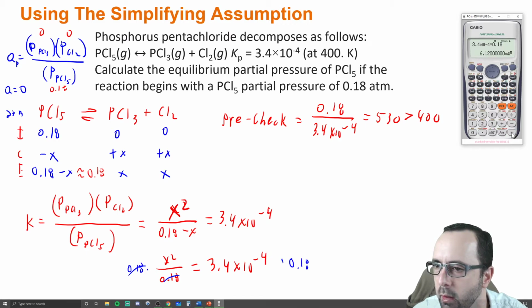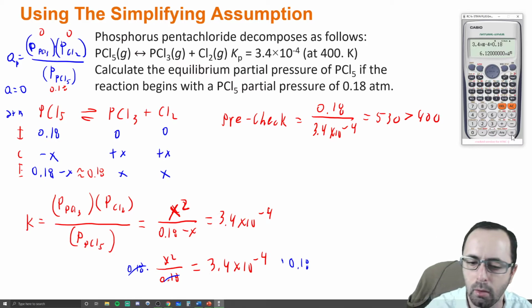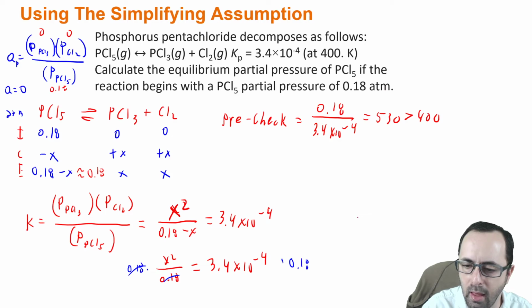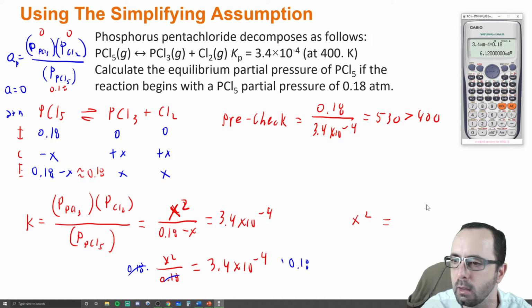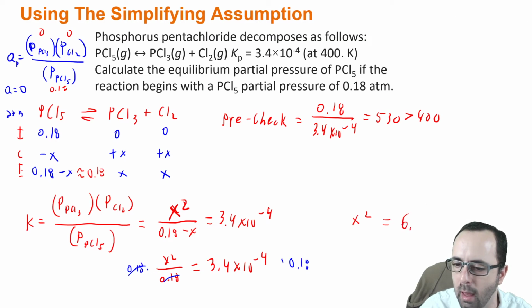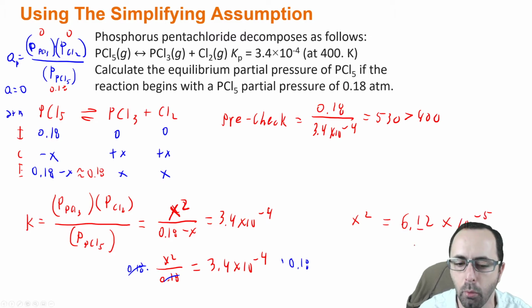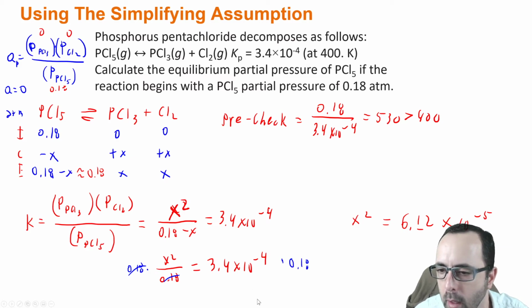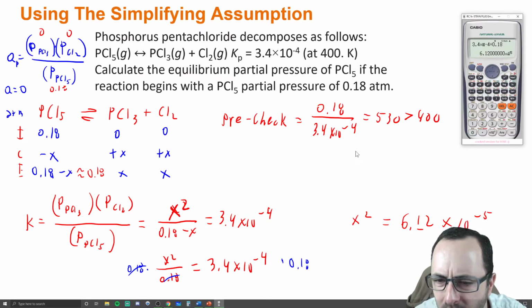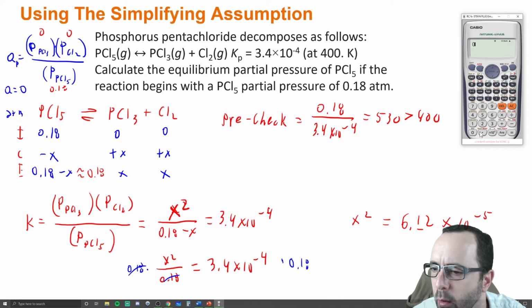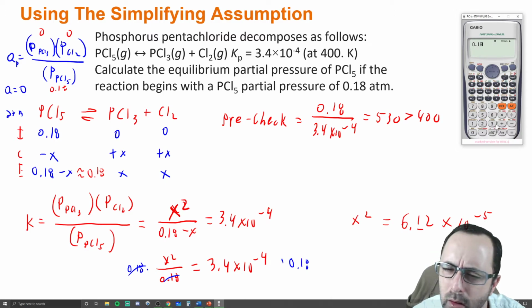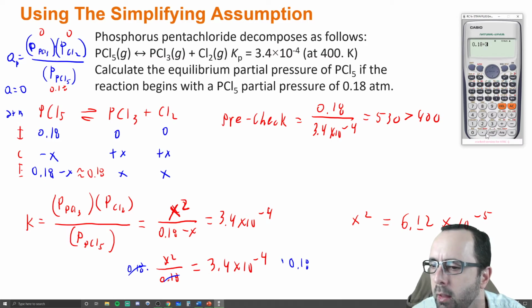I want to double check that in a second. So now we have x squared on this side, and on the right we have the result of our calculation, which was 6.12 times 10 to the minus 5. That would be with 2 sig figs, because the 3.4 has 2 sig figs. I want to double check this. I thought that would be bigger, but I guess it's right.